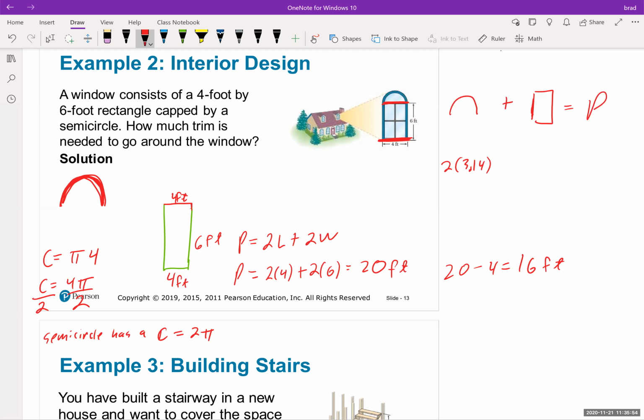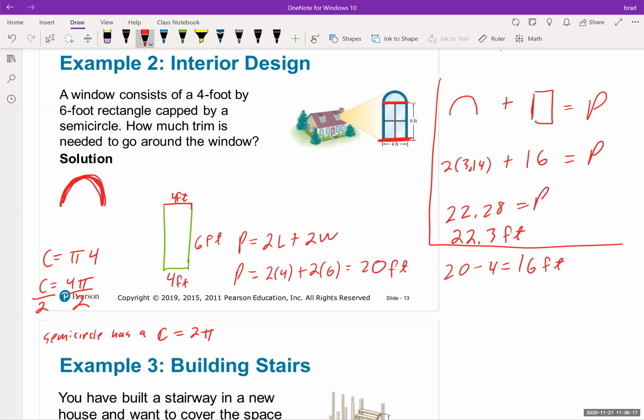We approximate it to be 3.14, plus 16. That'd be 6.28 plus 16, so that'd be 22.28 equals P. We could round this off to 22.3 feet equals the perimeter. And that's what we could call our perimeter for this particular problem.